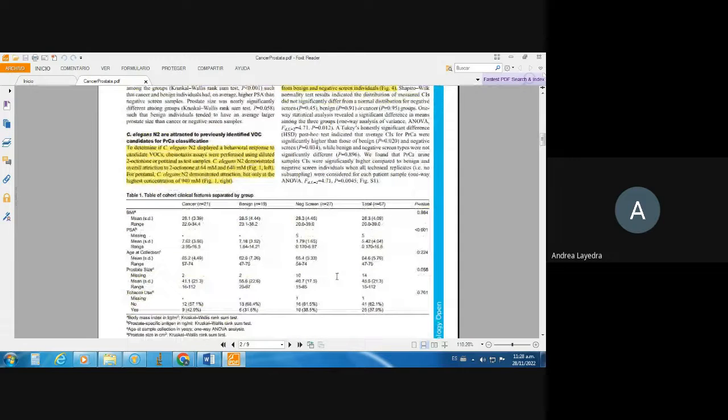Now the cohort included urine samples from prostate cancer cases, control benign patients, and control negative screen patients. They use young adult stage nematodes for all chemotactic assays.